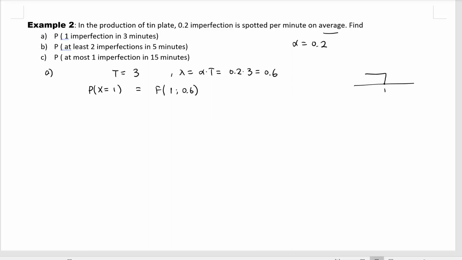Does it start with 1 or start with 0? It starts with 0. So actually, if you want to find the x value at 1, you actually need to subtract. Okay, use F(1) at 0.6 minus F(0) at 0.6. Yeah, this is a common mistake because Poisson distribution does not start with 1, it starts with 0.